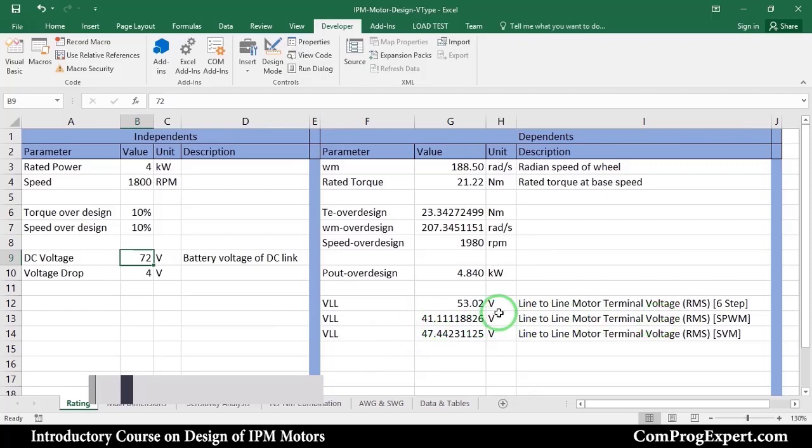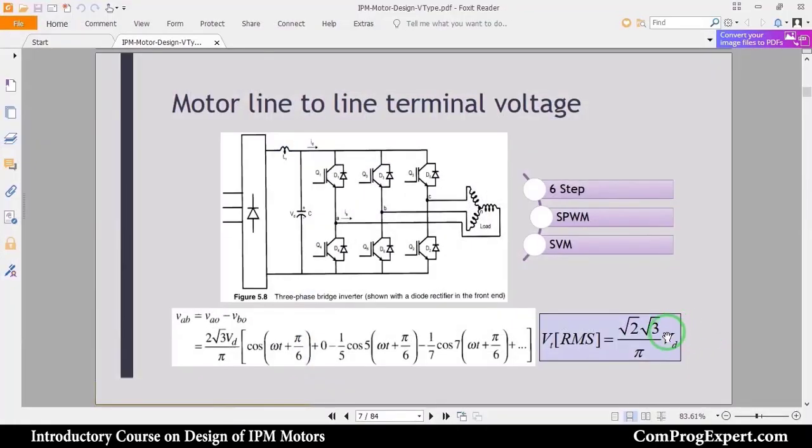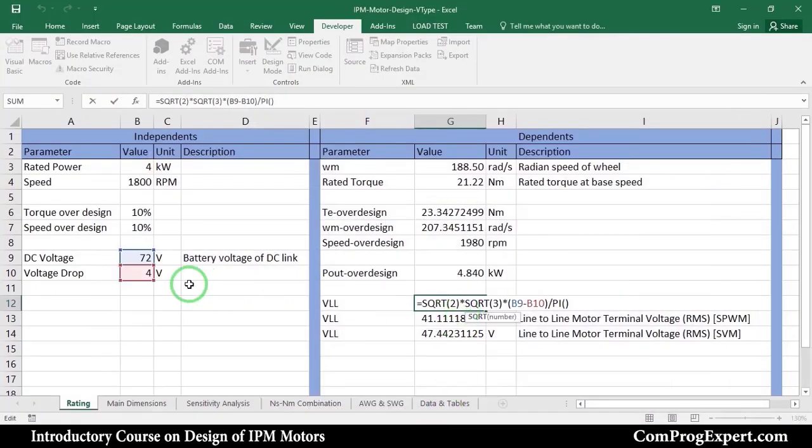For example, for 6-step, I implemented this equation, and the VT in this equation is equal to the DC voltage minus the voltage drop.